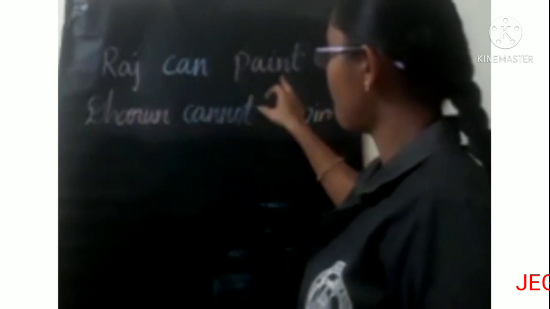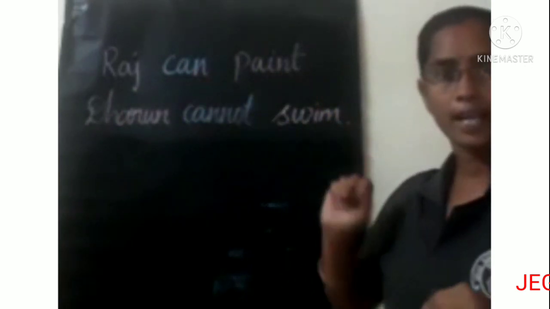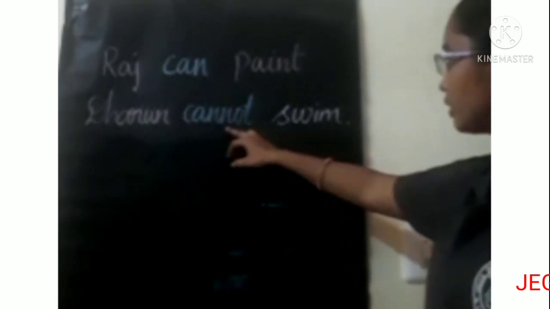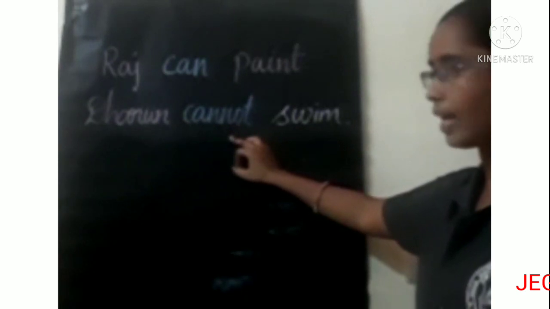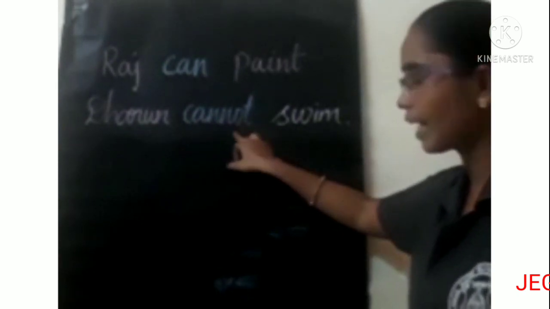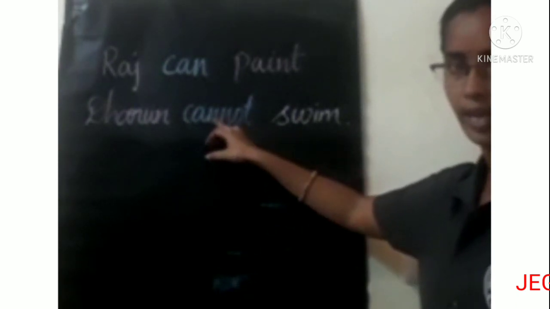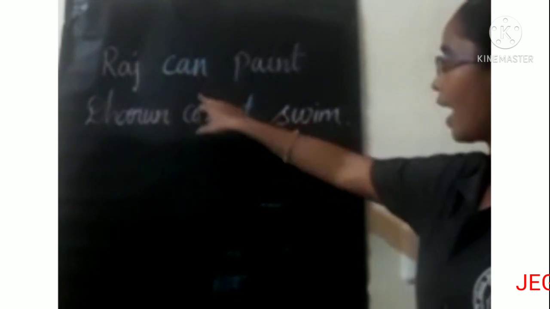And the next sentence, Darun cannot swim. Here it shows disability. So can means ability, and cannot is the negative. So can and cannot are used for ability.